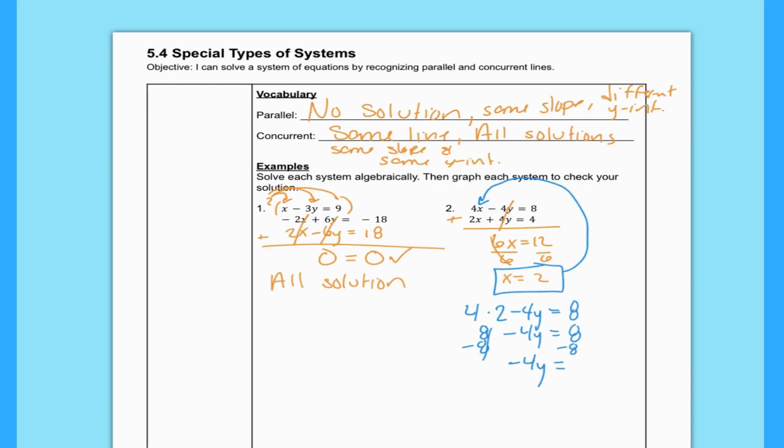Negative 4y is equal to 8 minus 8, which is actually 0, which is okay. It's just the answer. It can be 0 sometimes. We divide by negative 4. 0 divided by negative 4 is 0. So now we have the second part of that answer. So our answer to this system is going to be 2, 0. So they would cross, and they would cross at that point 2, 0. So that one does have a single solution.